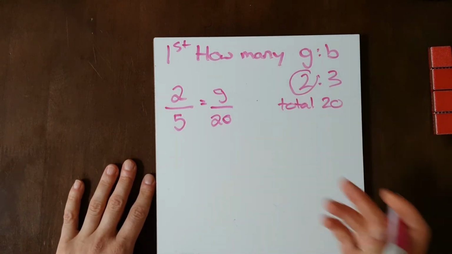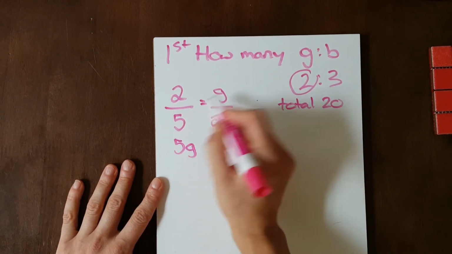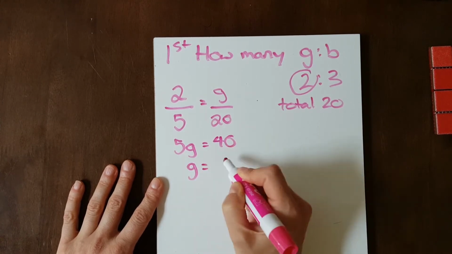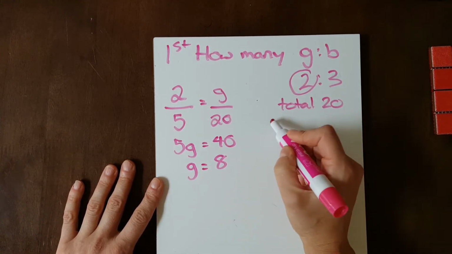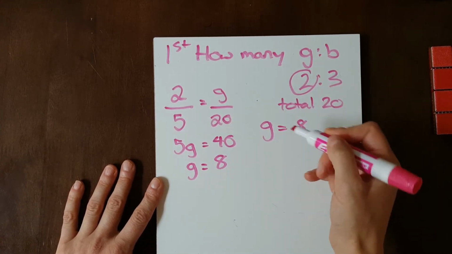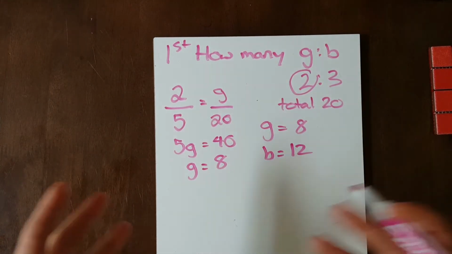In this situation, we can find out how many girls there are using cross multiplication, and we now know that the girls are 8. If girls are 8, then from 20, the boys would be 12. That's just something that we know from before.